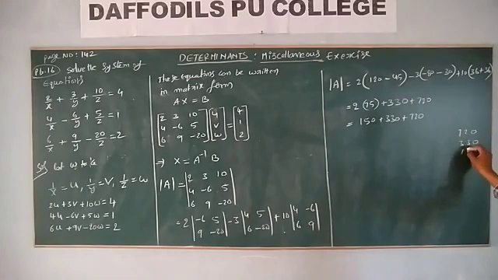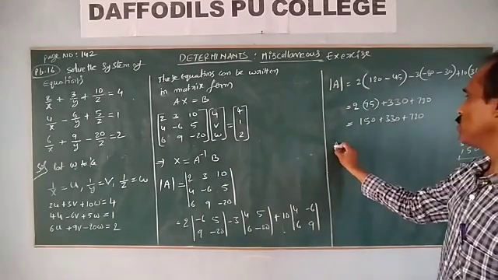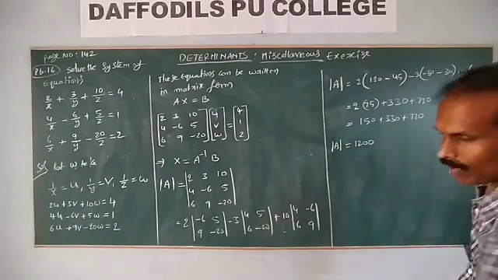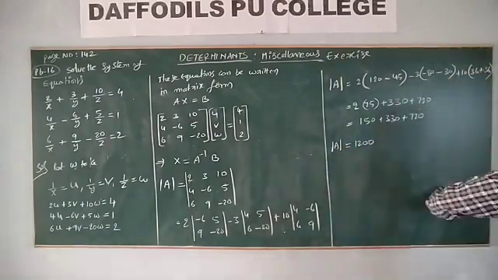So determinant value, how much? The determinant of A is equal to 1200.